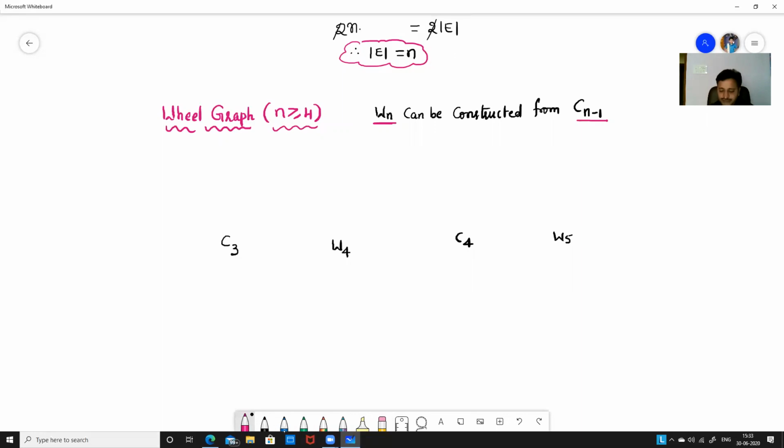Observe how we are going to construct. Suppose you want to construct W4, first we have to take C3. If you want to construct W5, we have to take C4. Let me construct W4 first. First take C3. It is a cycle graph of 3 vertices. To construct W4, you take the cycle graph of 3 vertices as it is.